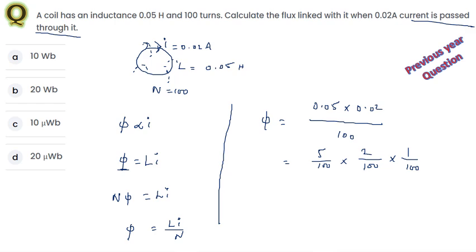So we have 5 into 2 is 10, 10 into 1 divided by 10 power 6, or we can write 10 into 10 power minus 6 Weber. That is the flux linked in the coil. So the answer is 10 power minus 6, which is micro, so microweber.